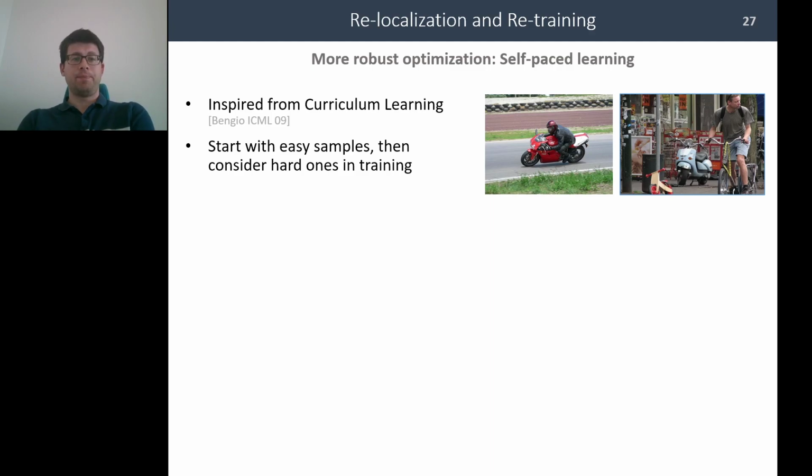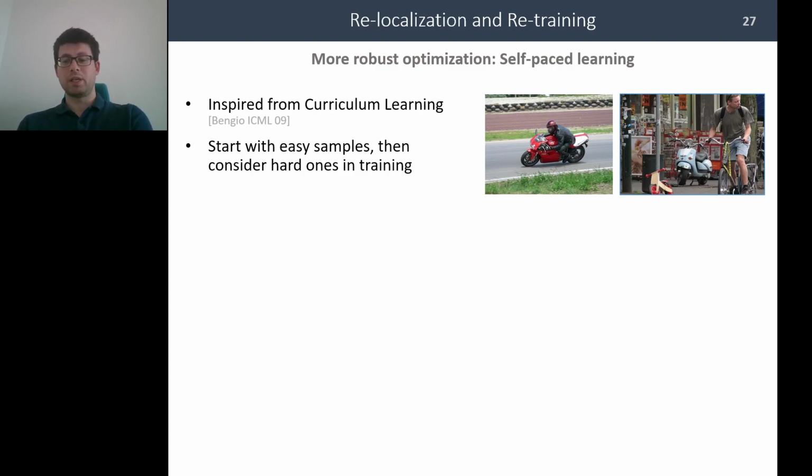Another key idea, which is more robust to mistakes at training time, is inspired from curriculum learning, which comes from human learning. The key intuition is that when we learn something, we start with easy examples and then move to harder ones later.